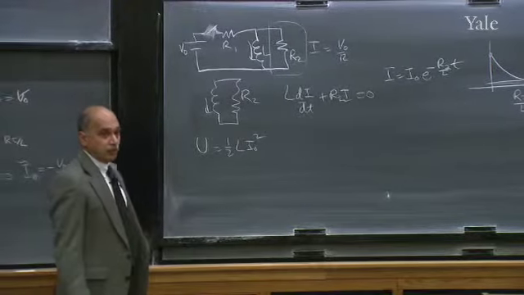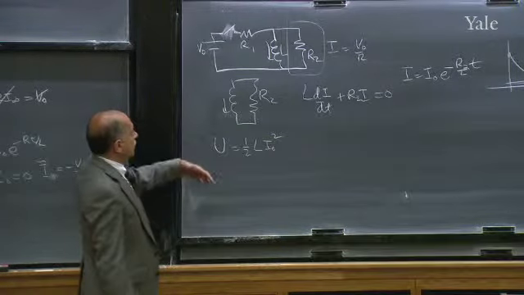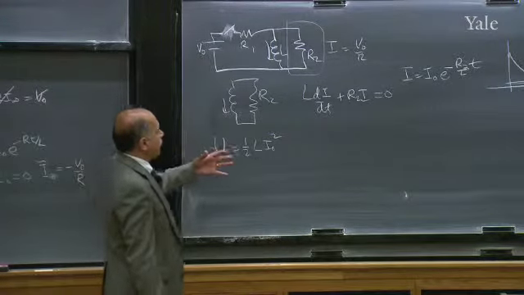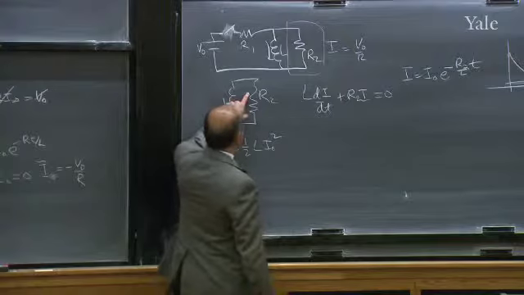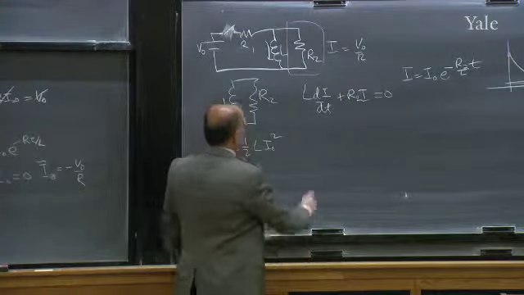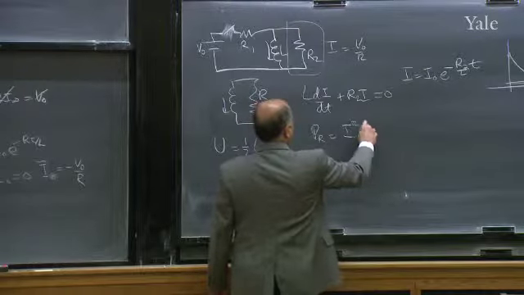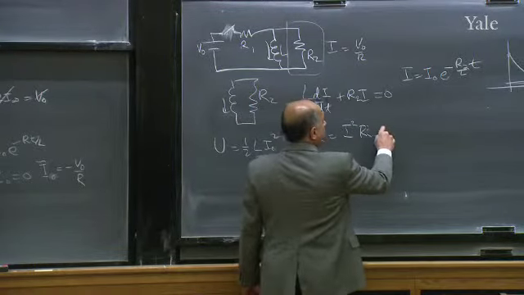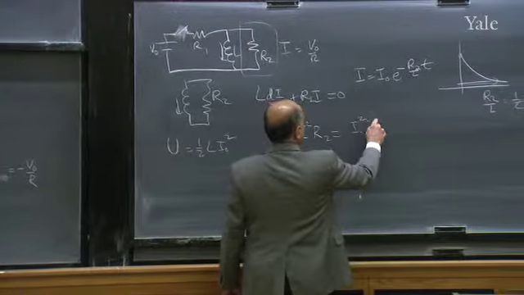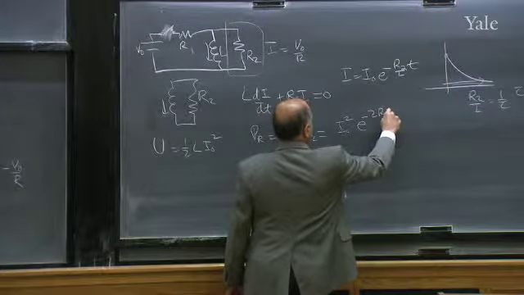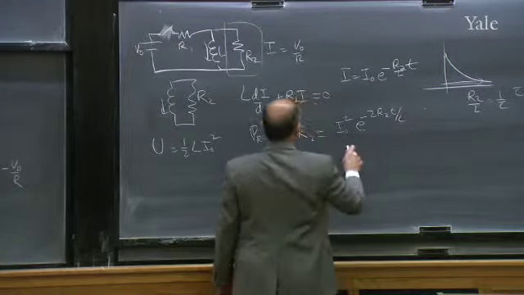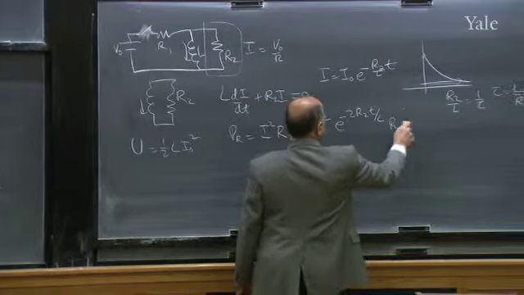What happened to it? Well, we know what happened. There's a current in the circuit, and when the current is flowing, it is dissipating heat in the resistor. Therefore, the power in the resistor will be I squared R2. I squared is I naught squared e to the minus twice R2 t over L, times another R2.